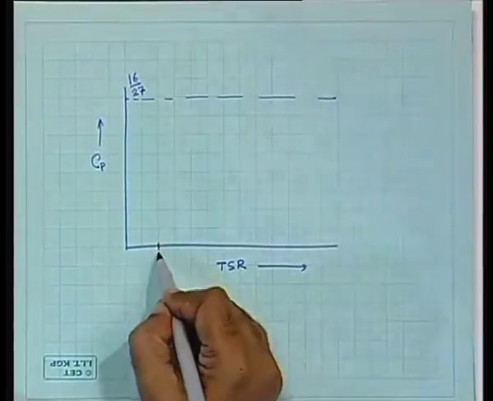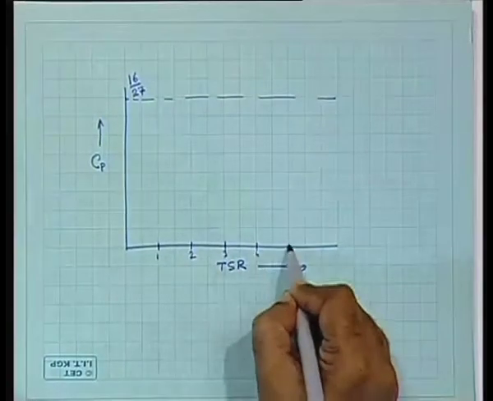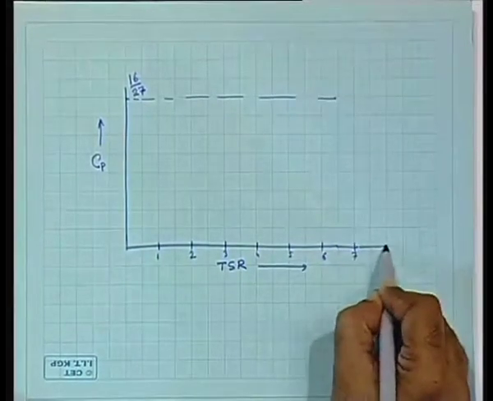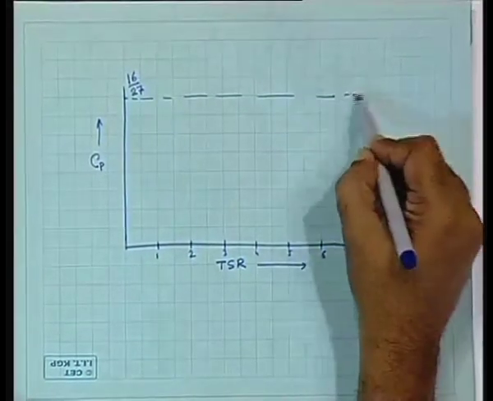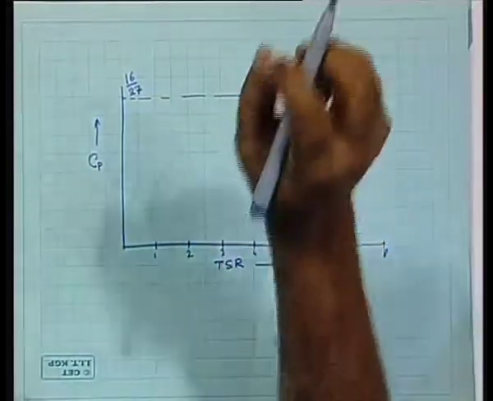Now we can say 1, 2, 3, 4, 5, 6, 7, 8. Now the modern horizontal axis electricity production wind turbines will have the curve something like this.